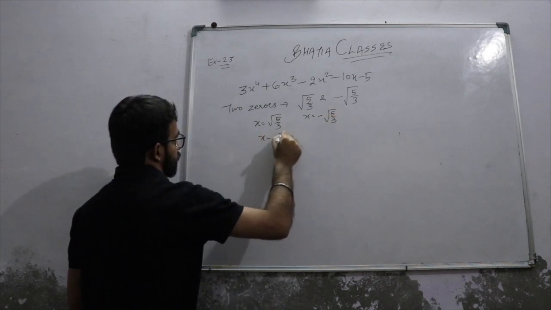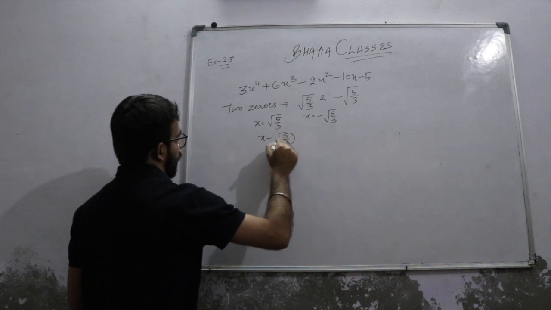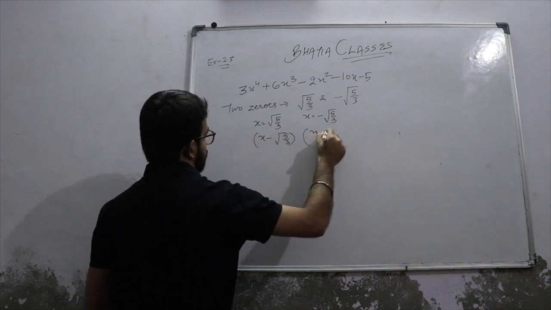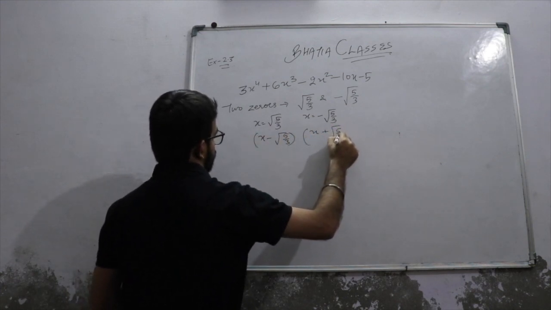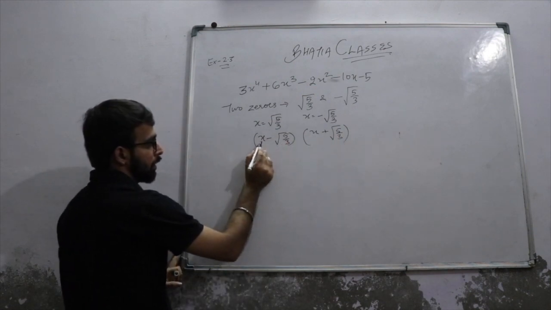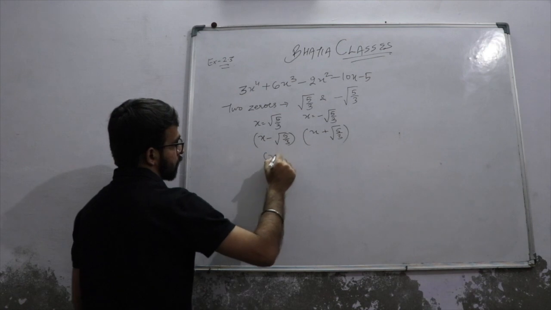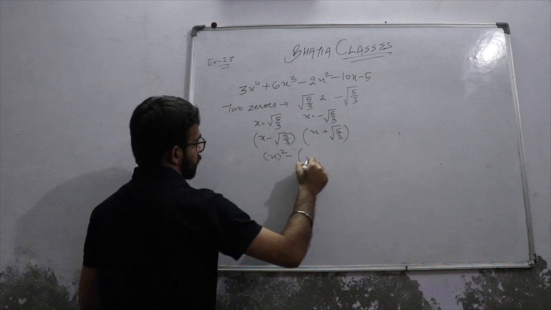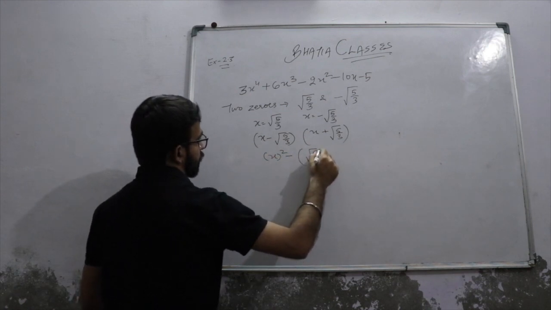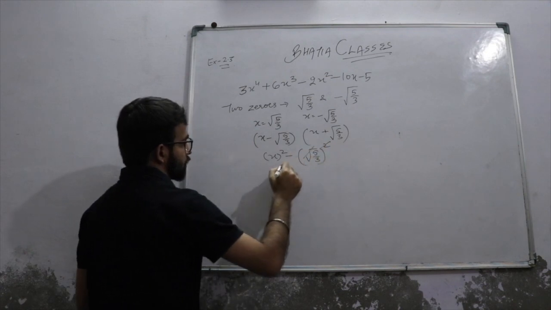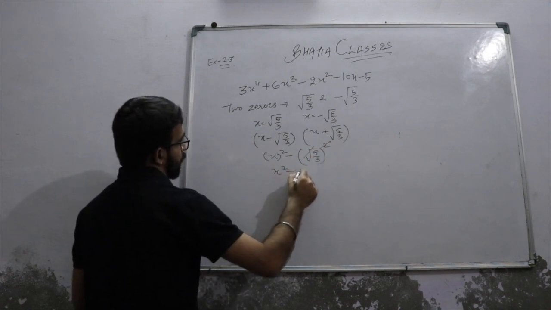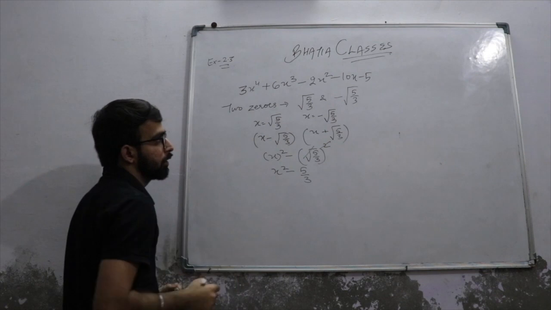Take both to the left side: x minus root 5 by 3 and x plus root 5 by 3. Here you will apply the identity (a minus b)(a plus b), that is a square minus b square. Root will be cancelled out. x square minus 5 by 3.